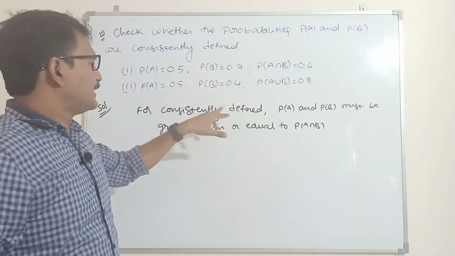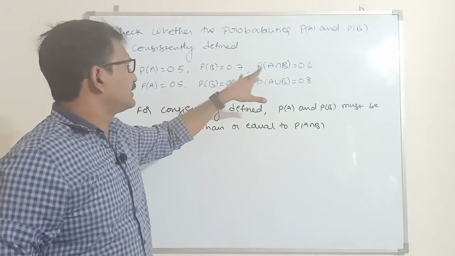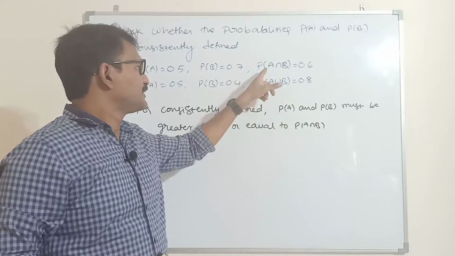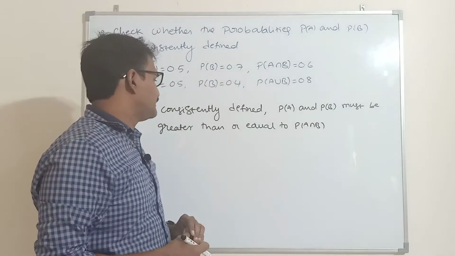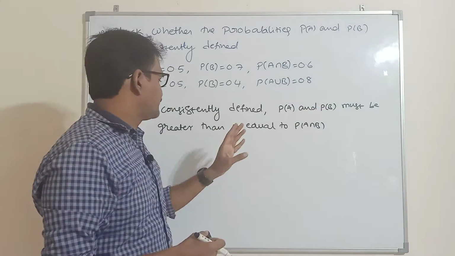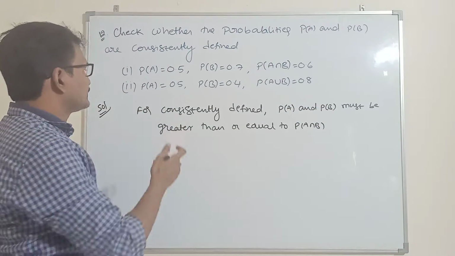To check this, P of A intersection B must be less than P of A and P of B, or P of A and P of B must be greater than or equal to P of A intersection B.